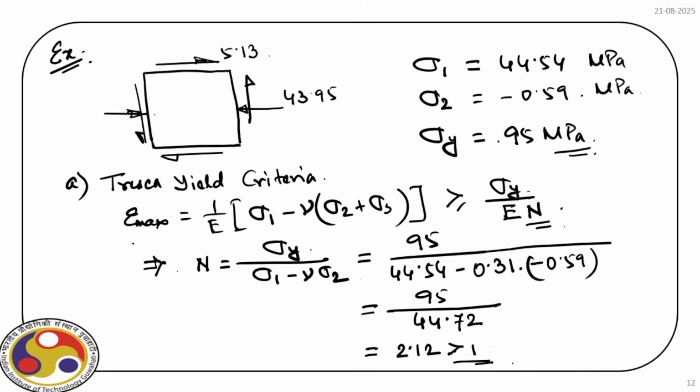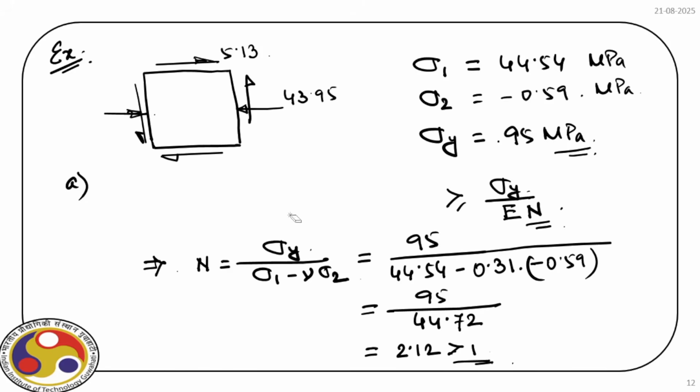Similarly, you can also apply a different yield condition. Say if we apply von Mises criteria, then let us solve this and see how much factor of safety we get.